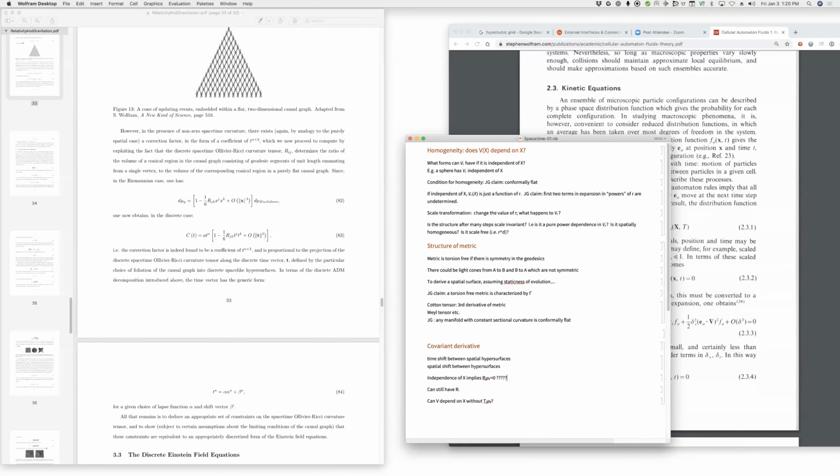And then once we understand the dependence on X, I think deriving the higher order terms is not going to be that hard, because I think that corresponds to, let me think about this for a second. Okay, so first of all, I still want to understand the covariant derivative idea.